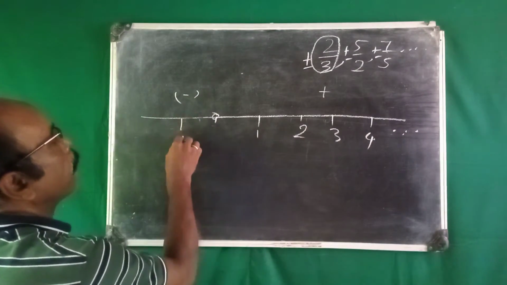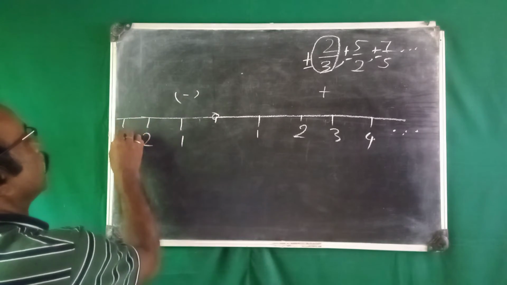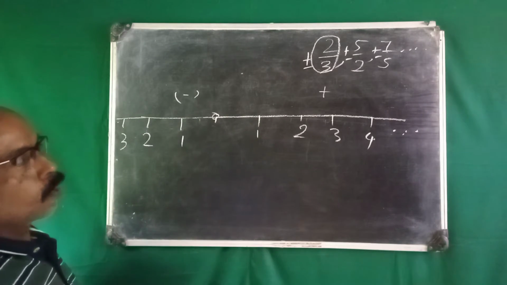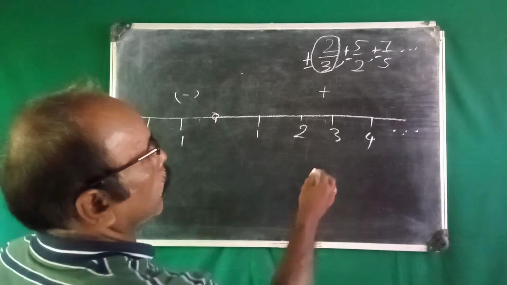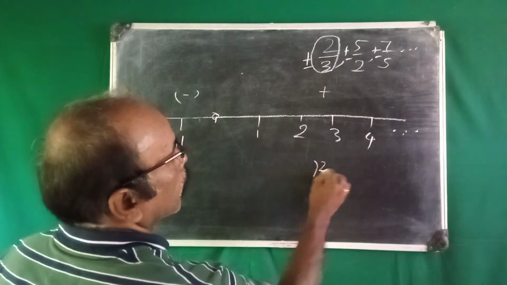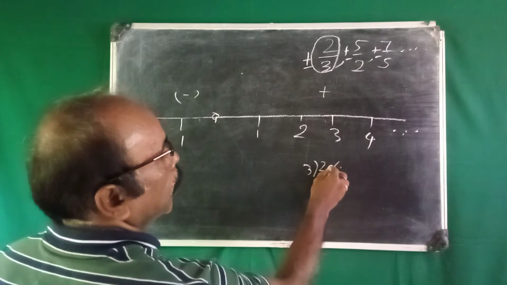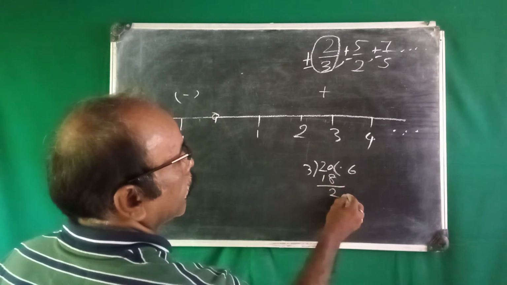This is 1, this is 2, this is 3 and so on on the negative side. My dear student, 2 by 3, 2 upon 3 means 2 divided by 3, which is 0.6 with remainder 2.